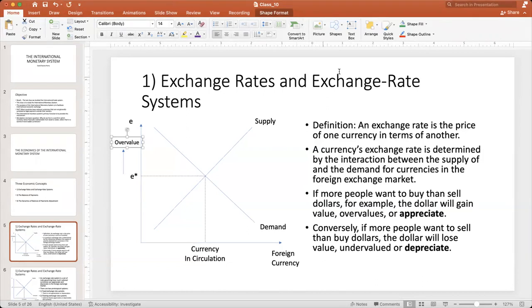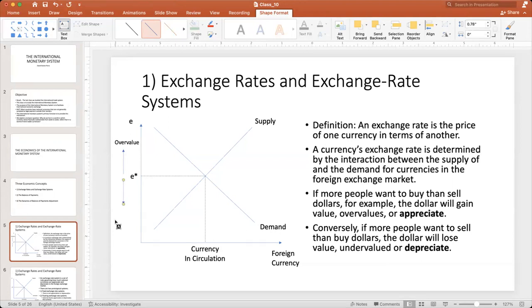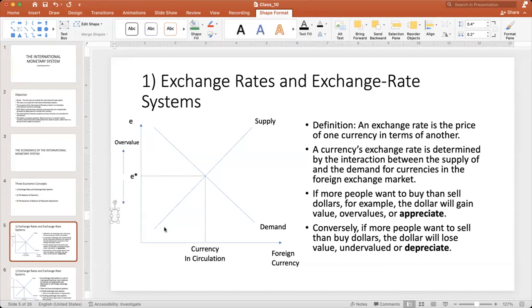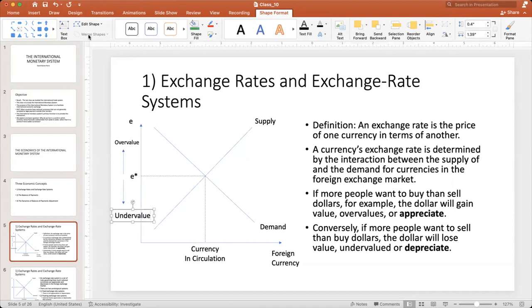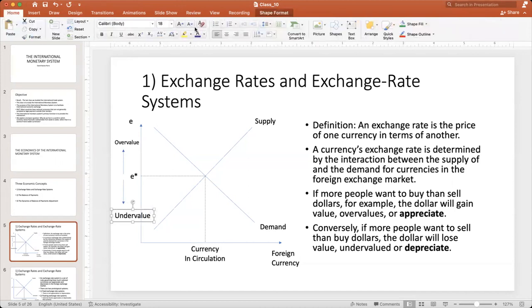So when the dollar depreciates, it is because $1 could buy less foreign currency. We're going to talk about these types of models in different weeks, so no worries, but this is basically the main idea of the exchange rate.